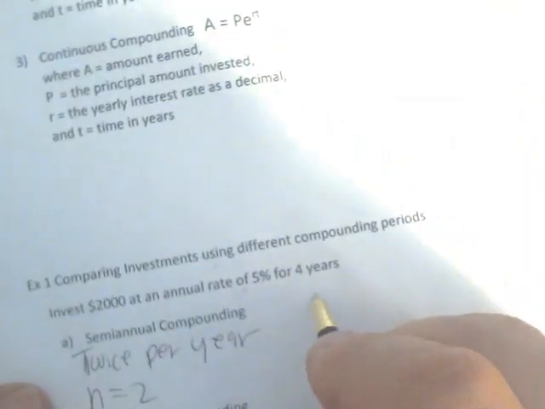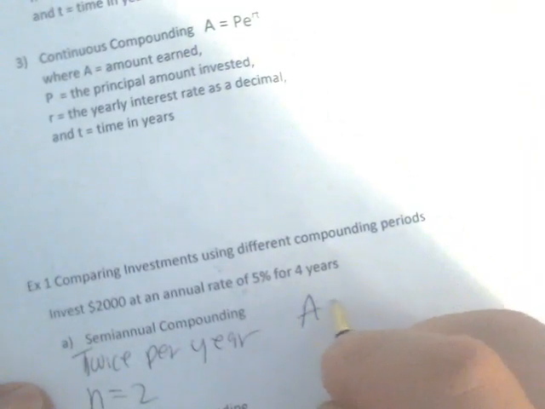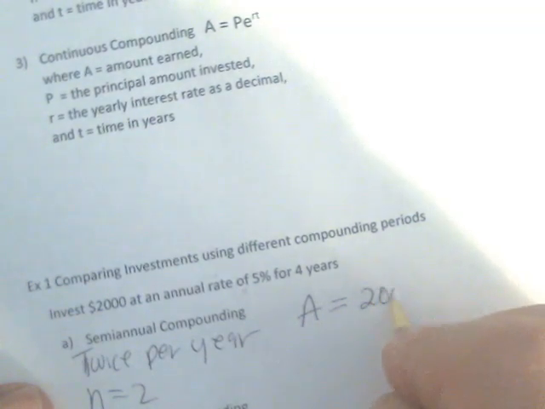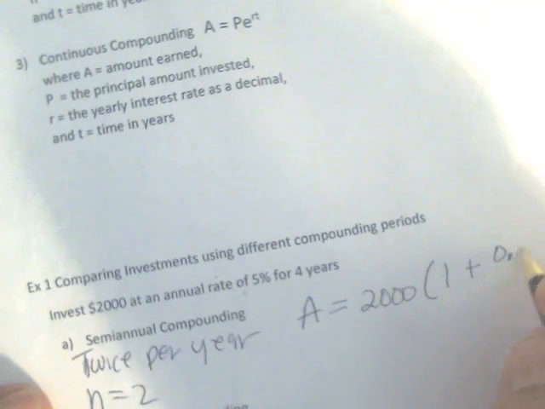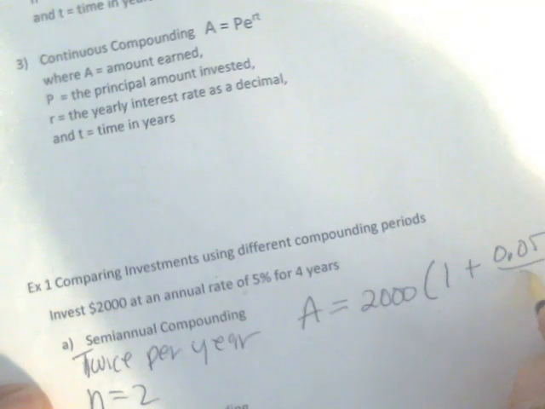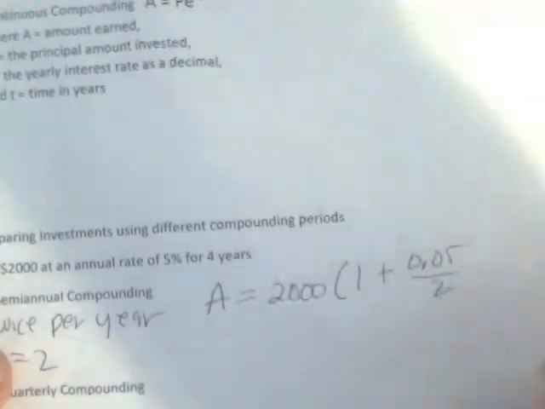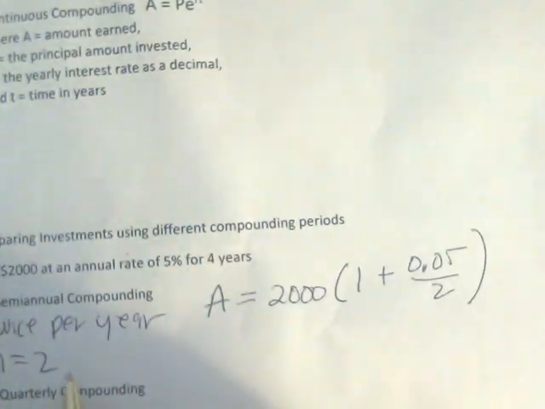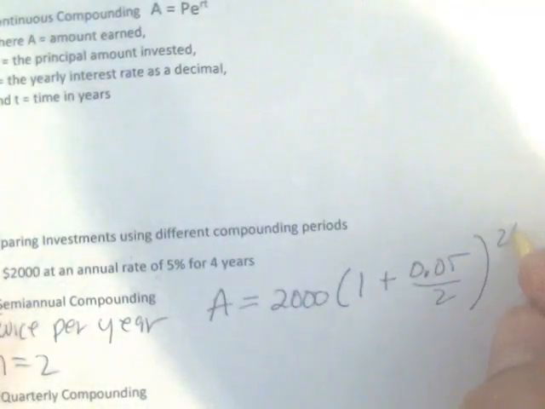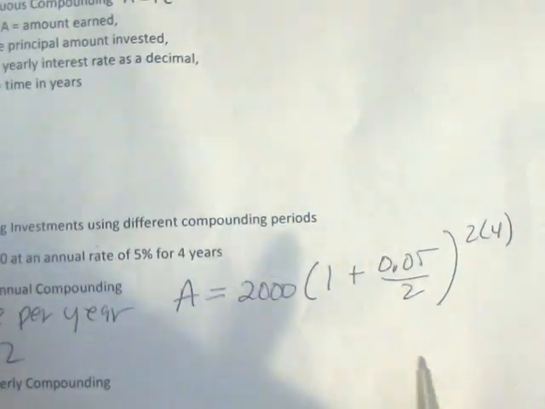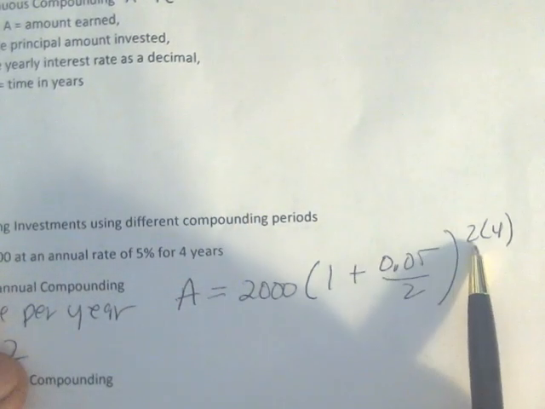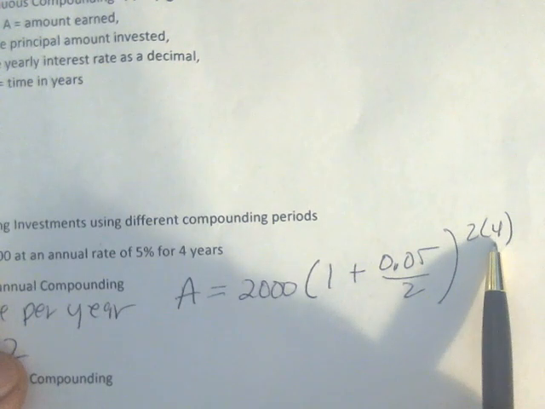So if I substitute this into my formula, my principal is 2,000. It is 1 plus R as a decimal, 0.05 divided by 2, and then raised to the 2 times 4 power. Now, what I'm going to suggest you do is at minimum make this 8.